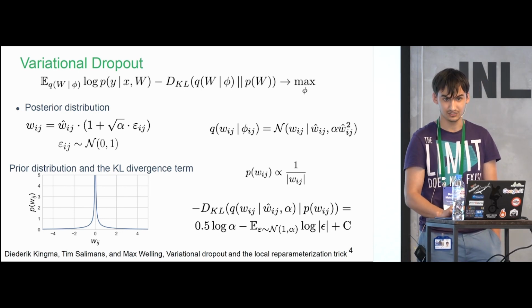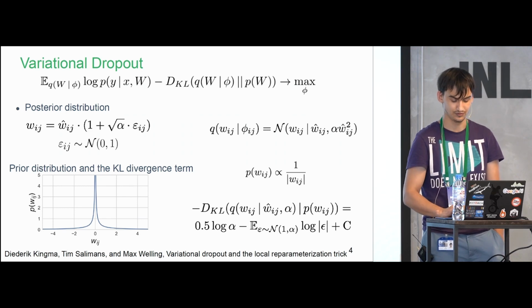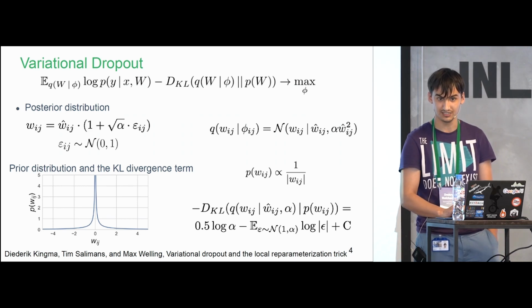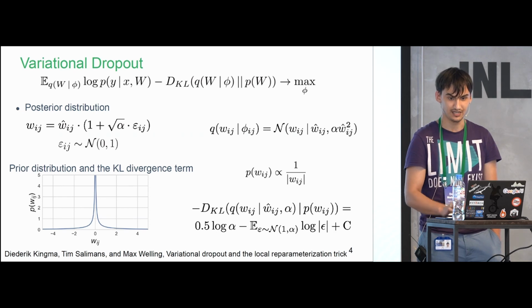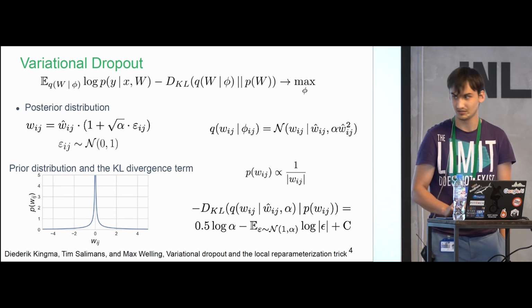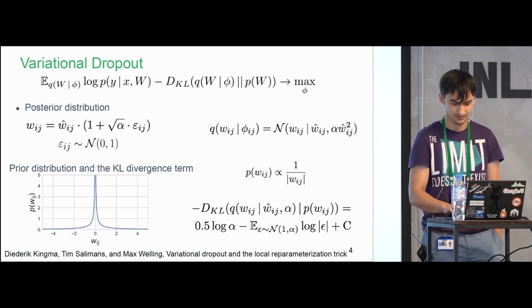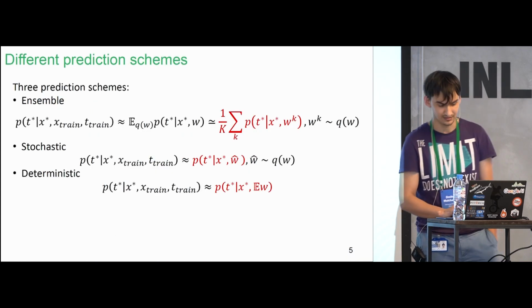In sparse variational dropout, we switch from this parameterization to additive parameterization and obtain a sparse solution. But if we try to optimize the variational lower bound in this original parameterization from the Kingma paper, well, something weird would happen.